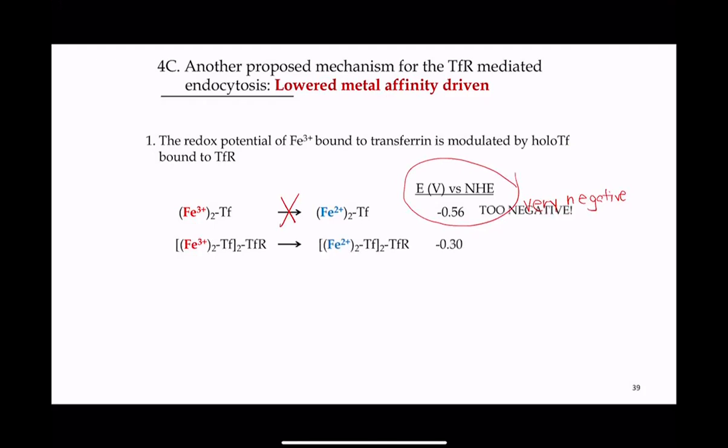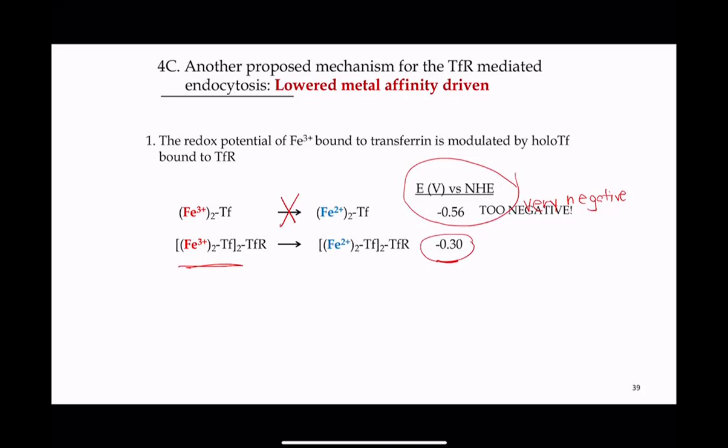But other people have studied, well, what about iron transferrin bound to the receptor? Is there a change? And it turns out, yes, there actually is a change in the reduction potential. So for this complex, what we observe is a reduction potential that now is negative 0.3 volts. So it's more positive. Now we're in a ballpark region that can actually facilitate the reduction of that iron from iron 3+ to 2+.